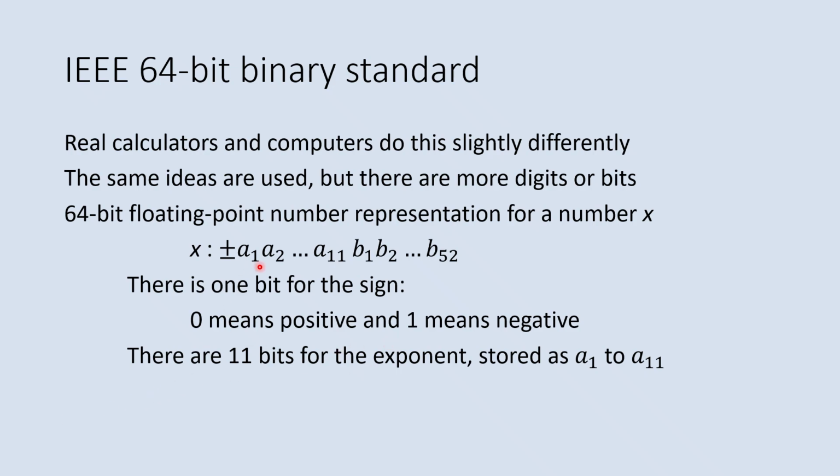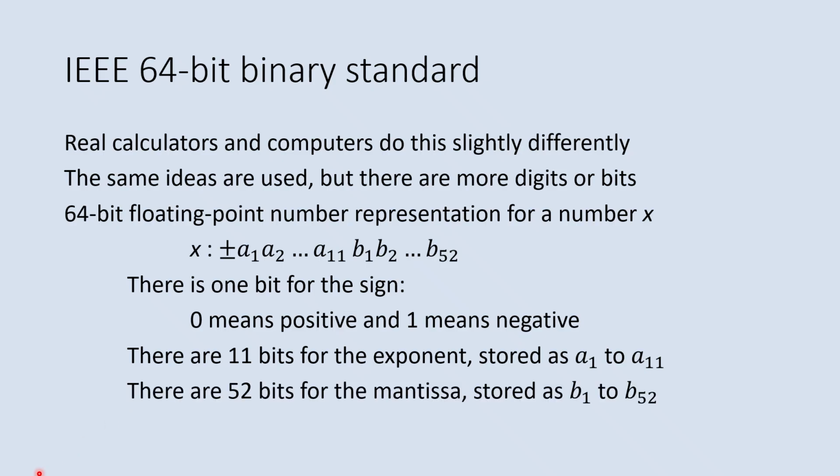Then there are 11 bits for the exponent, and then 52 bits, B1 to B52, for what is called the mantissa. This is the part that's in the base. We'll see in just a second where this portion comes into play. So we have 1 bit for the sign, 11 bits for the exponent, 52 bits for the mantissa. That gives us the 64 bits in all that are used to describe the number.